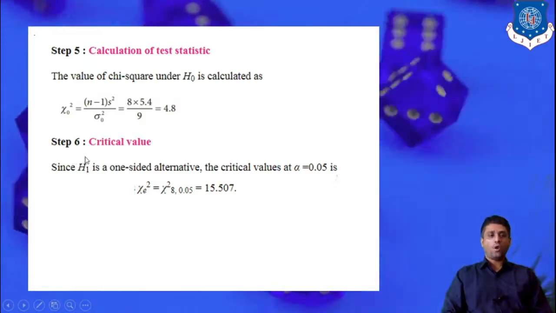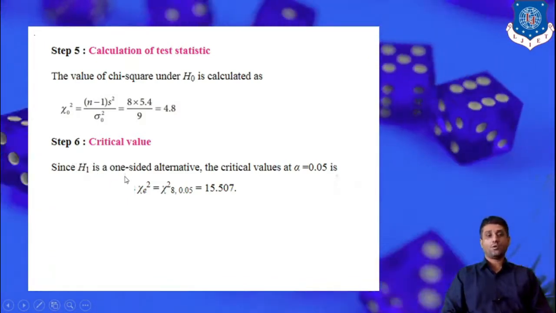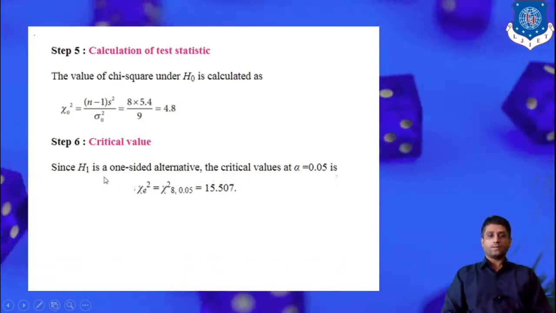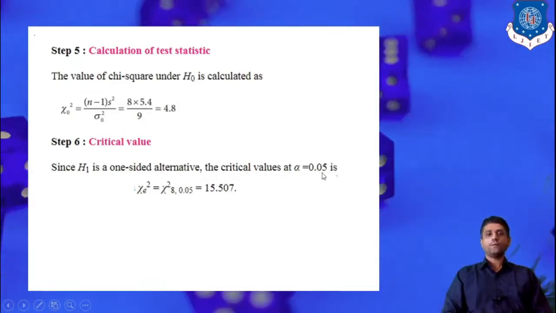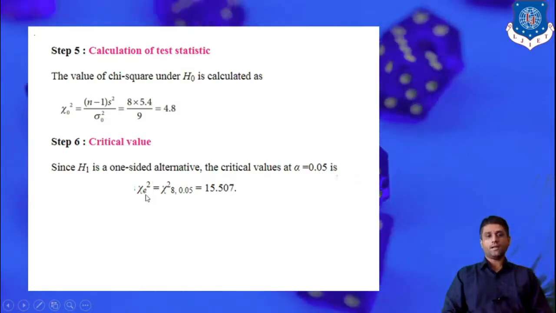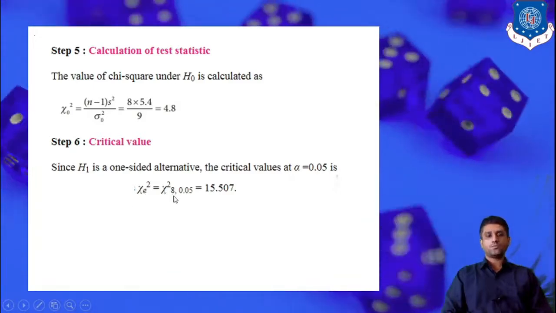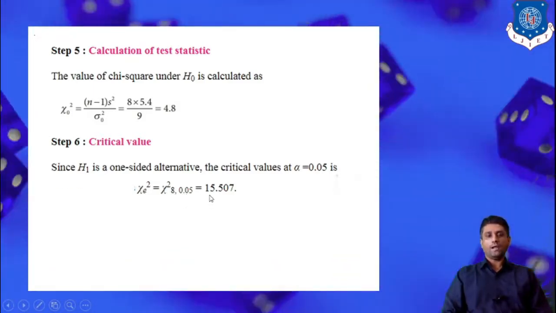In the alternative hypothesis H1, we have to write down a one-sided alternative test, and the critical value is defined at a 5% level of significance. So the tabulated chi-square value is chi-square with degrees of freedom n minus 1 and level of significance 5%.